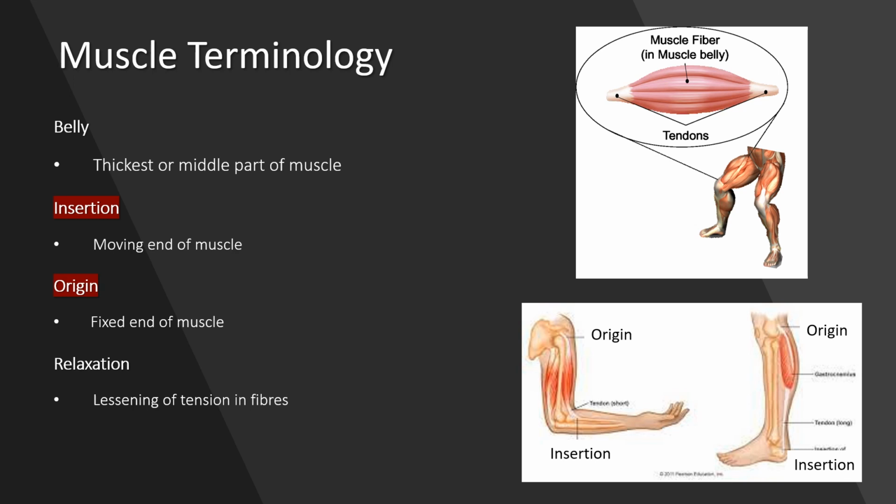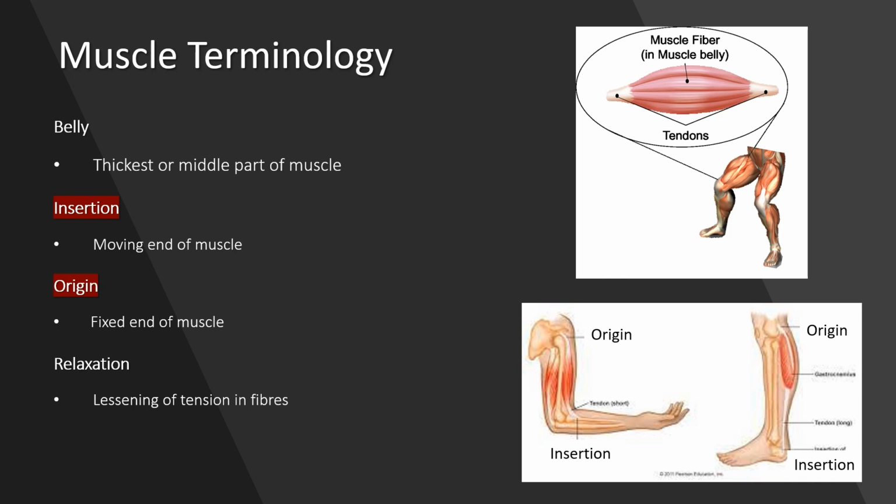So if we look at the biceps brachii on the upper arm, the origin, the fixed end, is right at the top on the inside of your humerus. So you can feel it twanging sometimes. Because it's biceps brachii, it's got two heads. So the origin is the fixed end of the muscle at the top, and the insertion is the moving end of the muscle below the elbow.